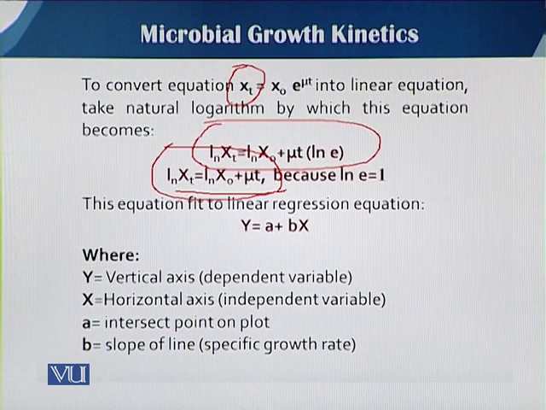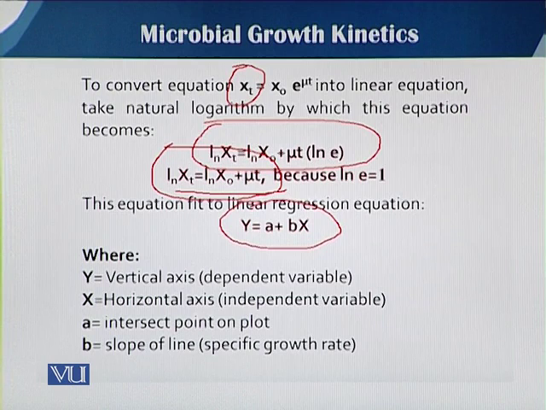That fits into the linear regression equation, a very familiar equation, y is equal to a plus bx, where y is the vertical axis. Mostly we have a dependent variable on y, and x is known as the horizontal axis, where mostly we plot the independent variable.